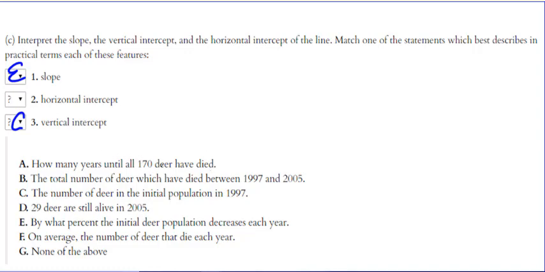Nope. Total number of deer which have died between 1999. No. G. I don't. The horizontal intercept would be when, what year there are no more deer, right? So yeah, 29 deer are still alive in 2005, but that's not a horizontal intercept, meaning an x-intercept. Okay, so all right.